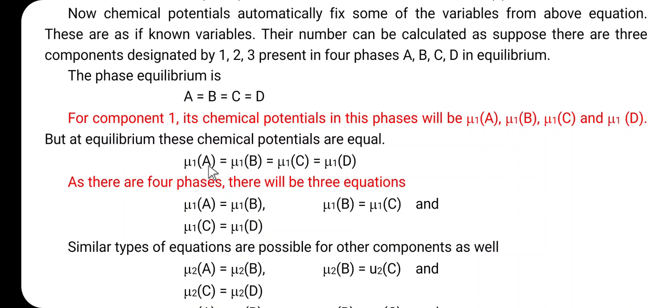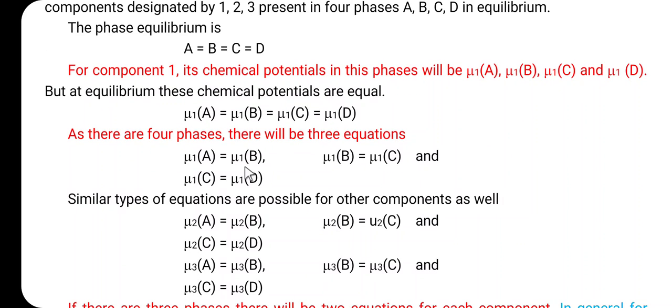So mu1 A is equal to mu1 B is equal to mu1 C is equal to mu1 D. As there are 4 phases, there will be 3 equations: mu1 A equals mu1 B, mu1 B equals mu1 C, and mu1 C equals mu1 D. This is for the first component.